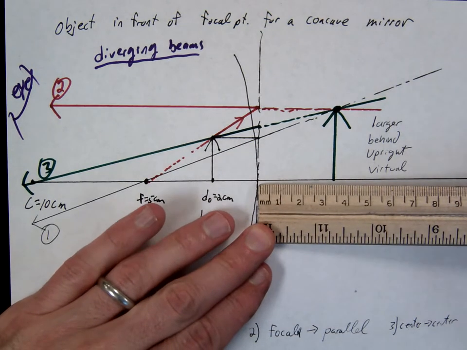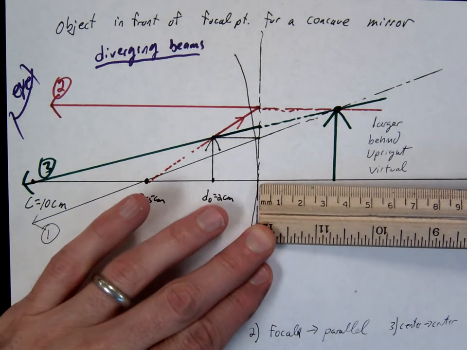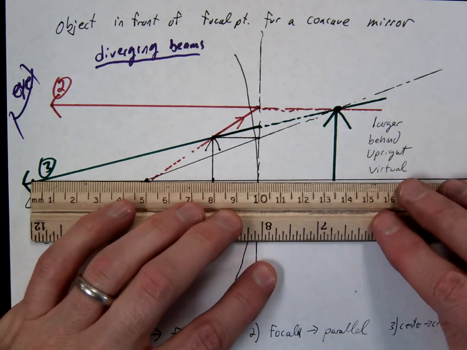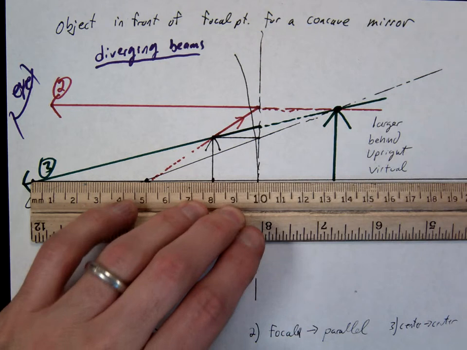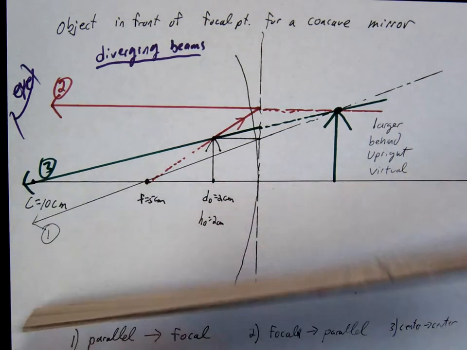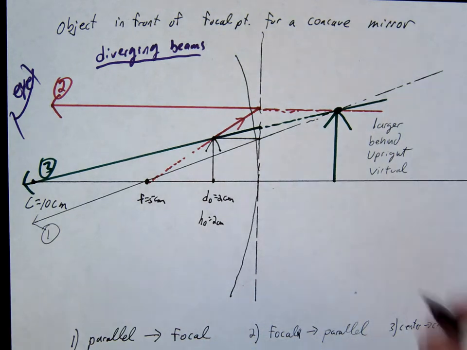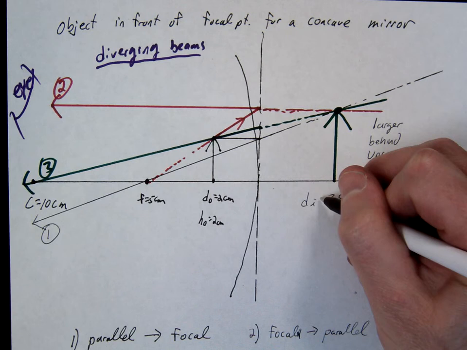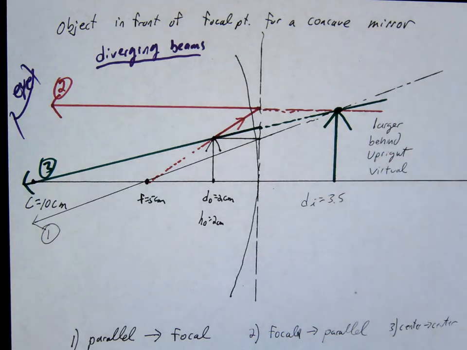So I'm getting a distance of about 3.5. Is that about what you guys are getting? 3.4 maybe, 3.5, 3.4, 3.3. So just write down whatever you happen to get.